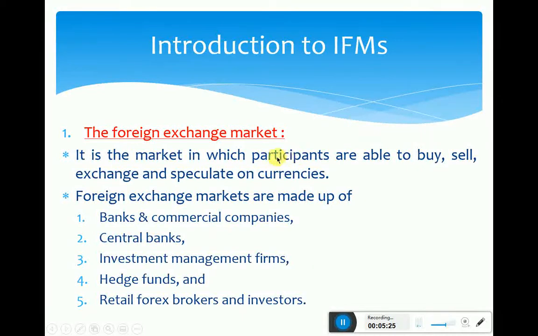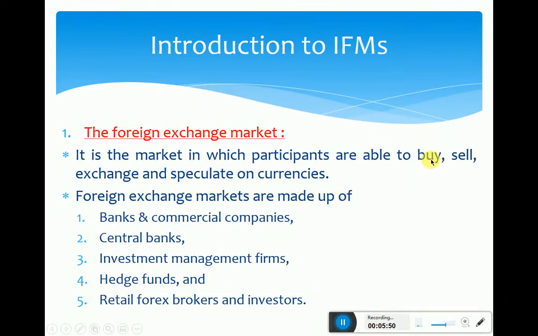Usually the participants of the foreign exchange market do 4 activities on this market. Number 1, they buy currencies, they sell currencies, they exchange currencies, and they speculate on currencies. So: buy, sell, exchange and speculate.